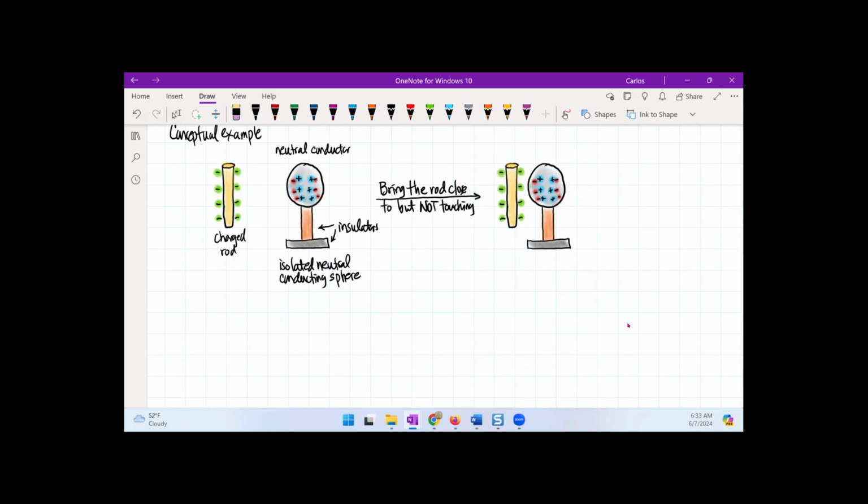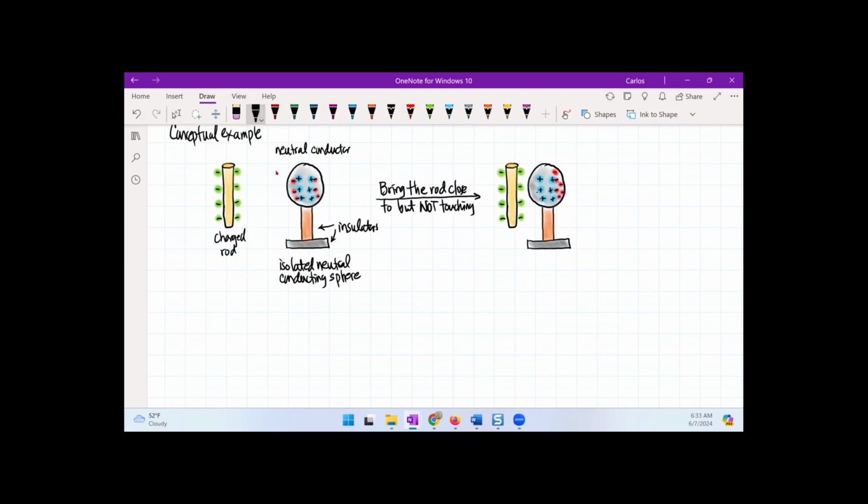So now what happens? What happens here is that the positive nuclear ions do not move, right? The only thing that moves are the electrons. So what I'm doing here is erasing the electrons because now they have moved as far away as possible.